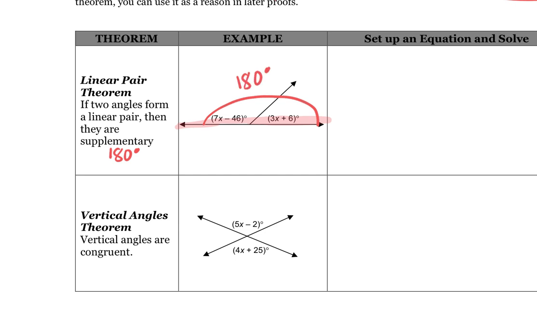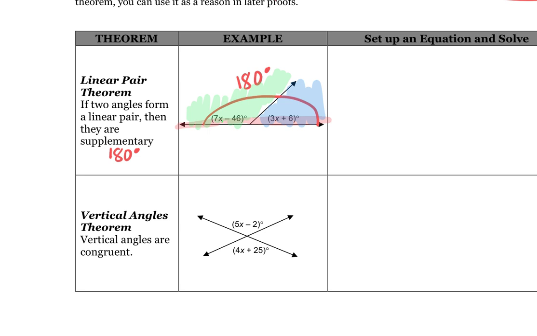Now, they did tell us that this part of the angle right here is 7x minus 46. They labeled it. And they also said that this angle right here in the blue is 3x plus 6.